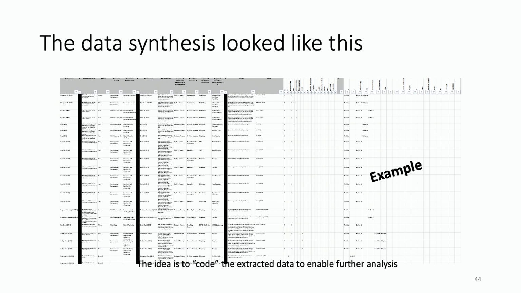And this is how my data synthesis looked. So what happened was that I created nodal structures that were based on the previously extracted data. And I basically tried to simplify that nodal structure so I could have commonalities between papers.